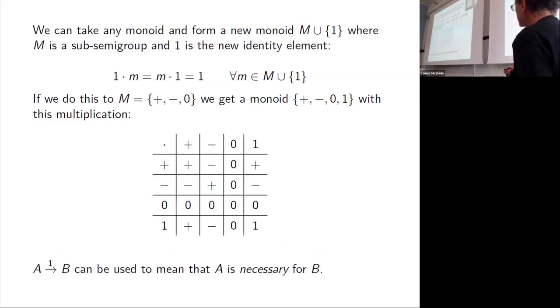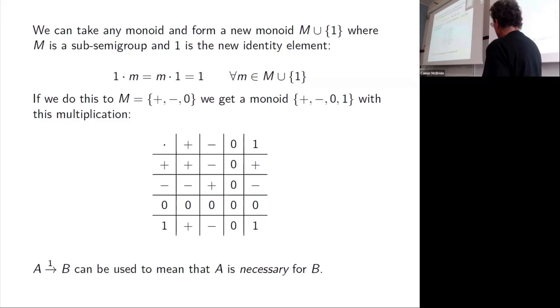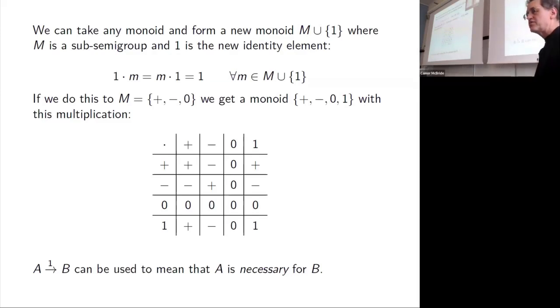So this new identity follows the identity law. If you do that procedure to the monoid I was just talking about, plus, minus, 0, you get a 4-element monoid with this multiplication table. You can see from the new column and row that this new identity is acting as an identity as it should. And we discovered that this trick seems to be used in the subject of systems biology, which I will get to in a second.